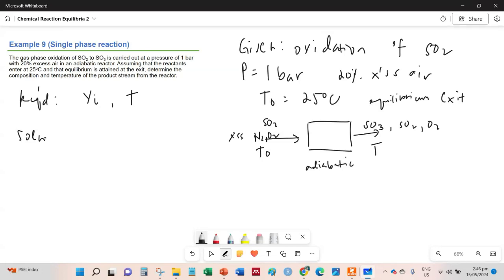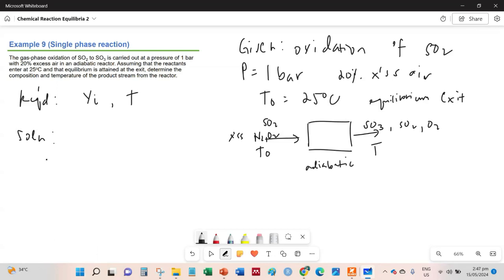In our calculation of the equilibrium constant, we would be needing the delta H of reaction. You can actually solve that using the delta H of formation.